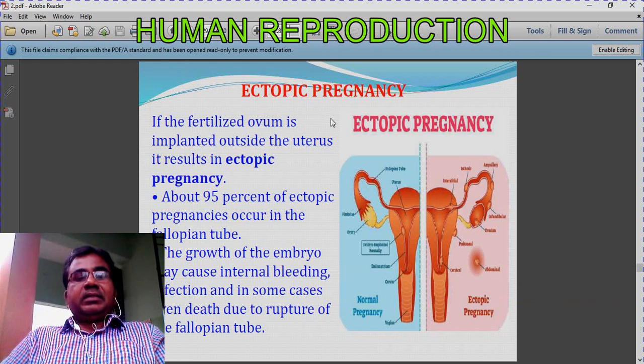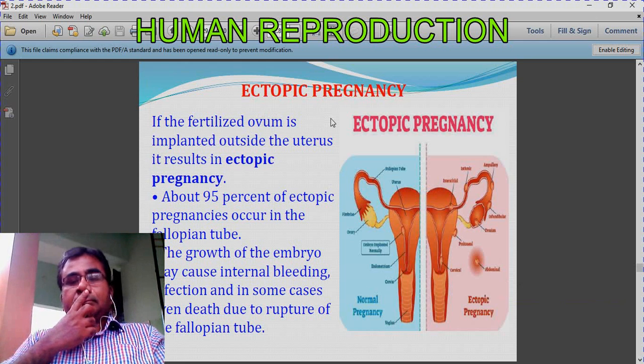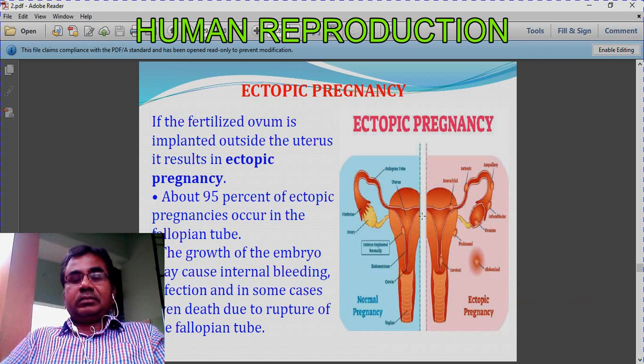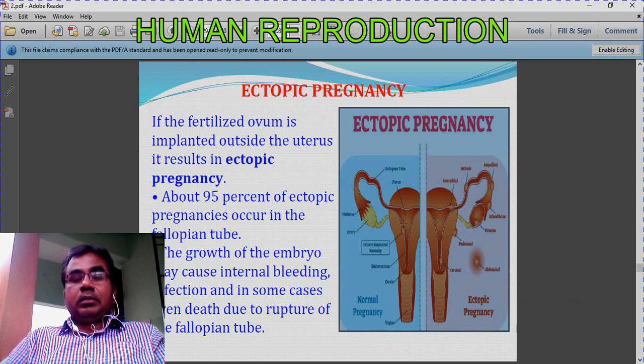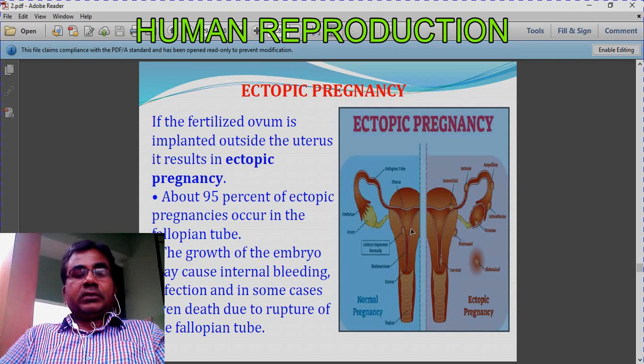Ectopic pregnancy. What is ectopic pregnancy? Pregnancy actually takes place in the uterus. Pregnancy must take place in the uterus. Sometimes pregnancy takes place outside the uterus.